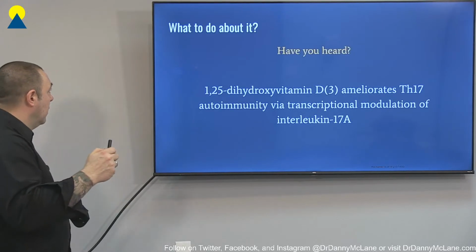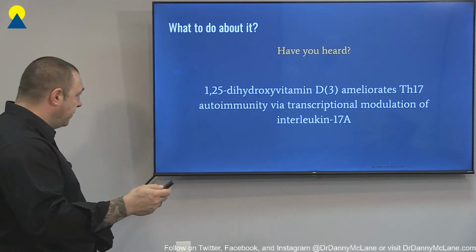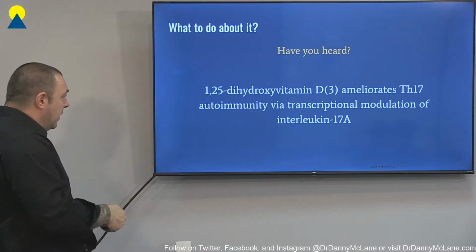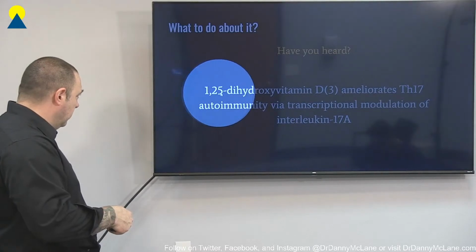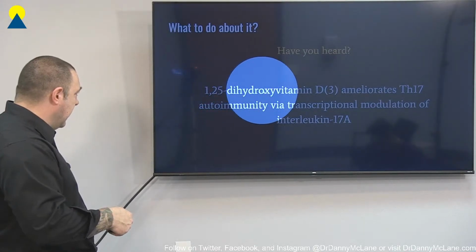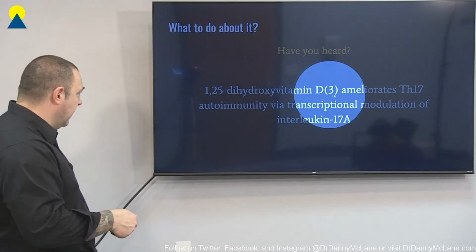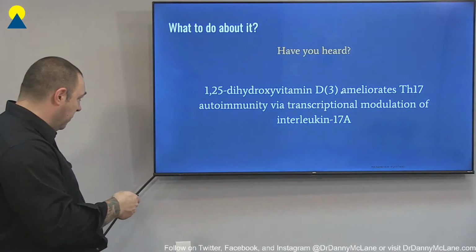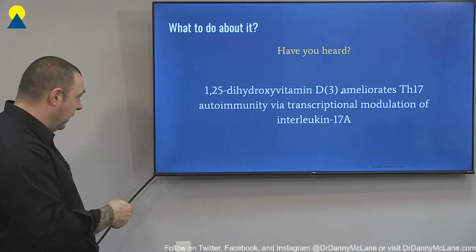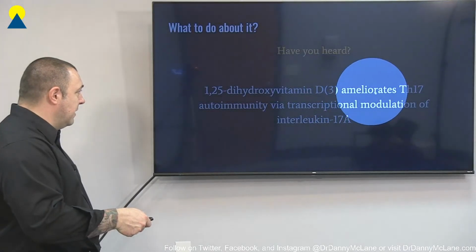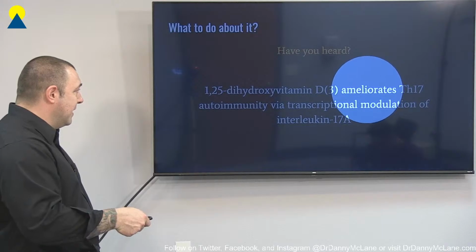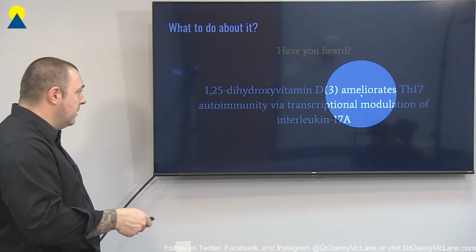Okay, let's talk about vitamin D. There was a study done: 1,25-dihydroxyvitamin D. That's the active form of vitamin D, D3. It ameliorates Th17. Ameliorates is a fancy word that says it takes care of it. It cleans it up. It eliminates Th17.